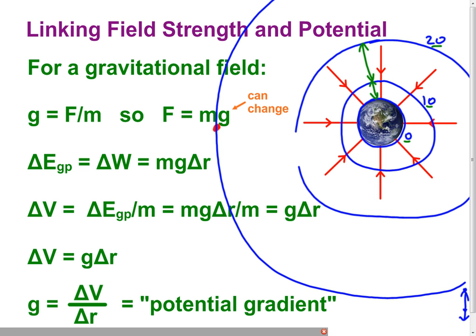So the gradient would be shallow and then steeper and then steeper. But this isn't height, this is potential, and the potential gradient corresponds to the field strength. So the closer together the contours are, the steeper the gradient and the greater the field strength.